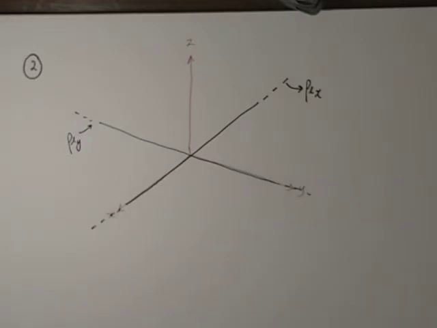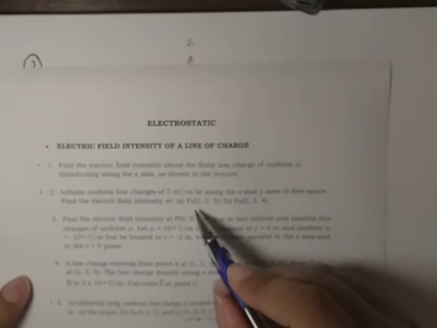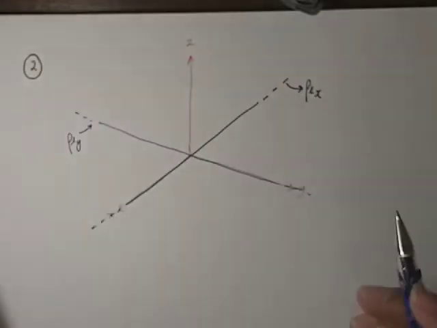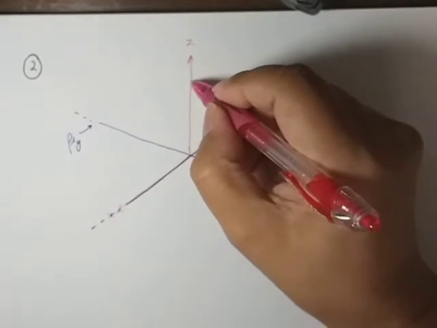So what we have to do then, for the A part, is find the E at the location 0, 0, 5. So 0, 0, 5 is on the z-axis, so it should be this one.